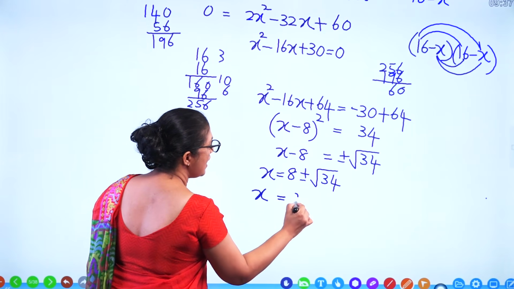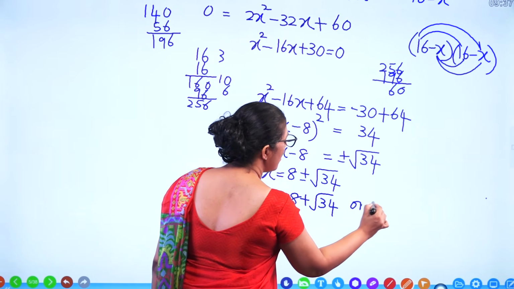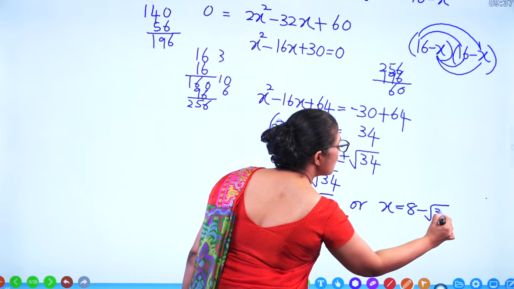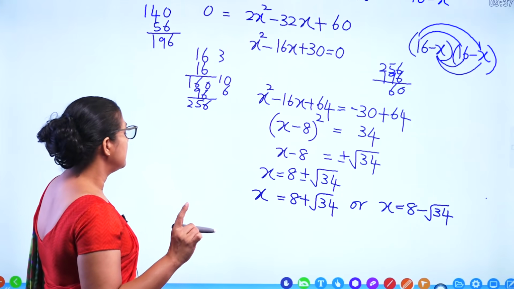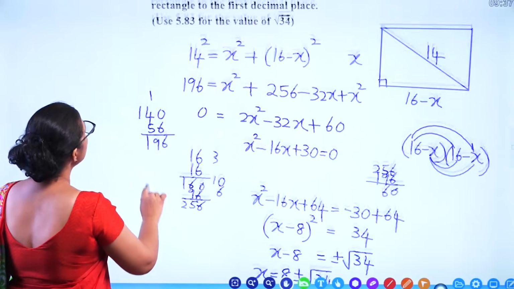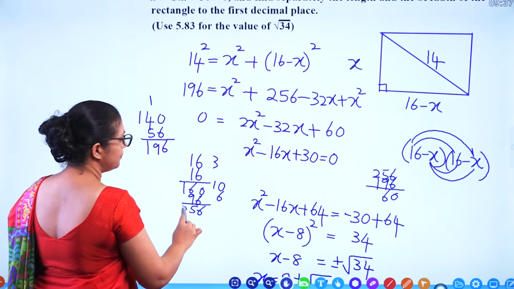X can be 8 plus root 34 or x is 8 minus root 34. X is the breadth of the rectangle. So what is the root 34 value? It's given, it says use 5.83.